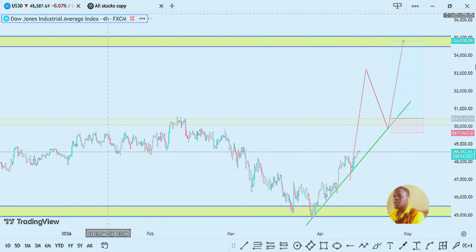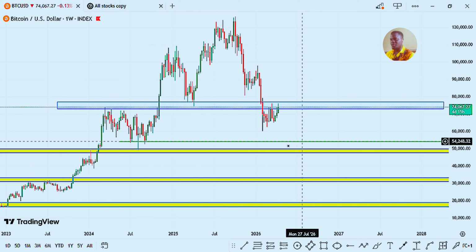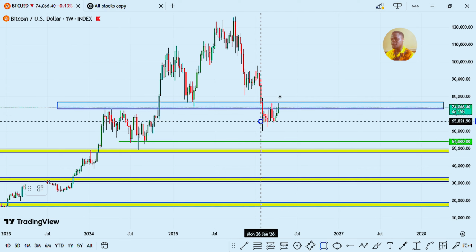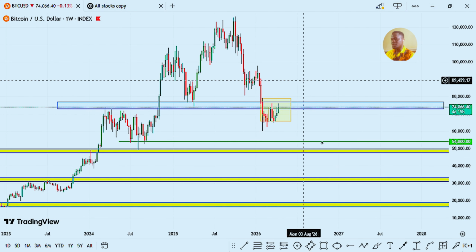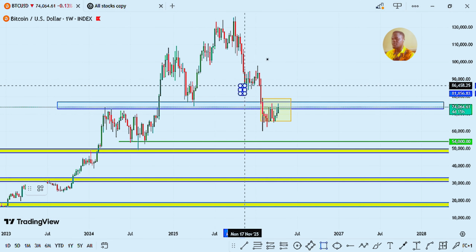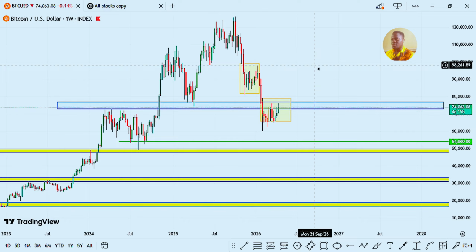Now let's look at Bitcoin. I'm still very much bearish on Bitcoin. Bitcoin is consolidating at this neckline as we speak, just like this previous consolidation. So I'm still favoring the downside on Bitcoin.